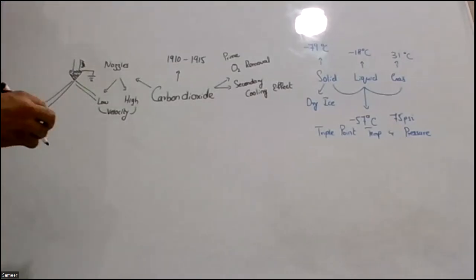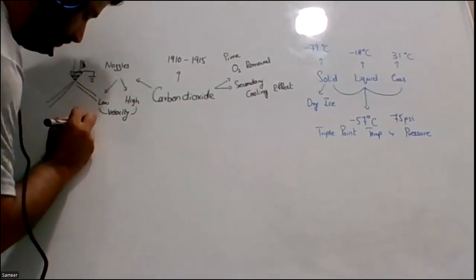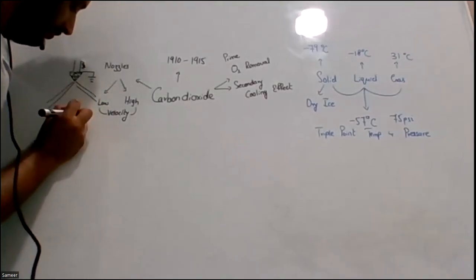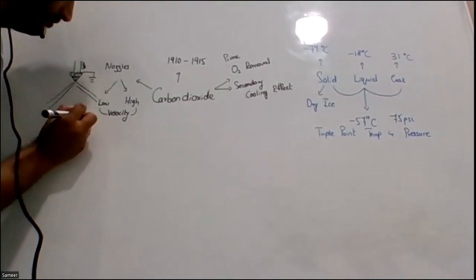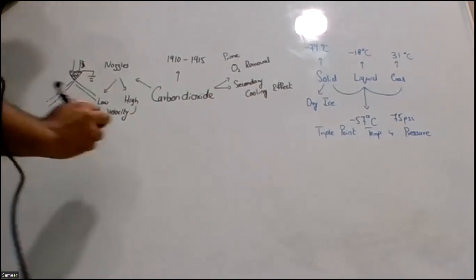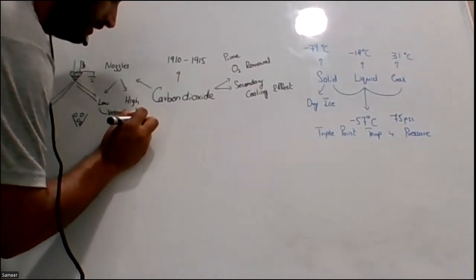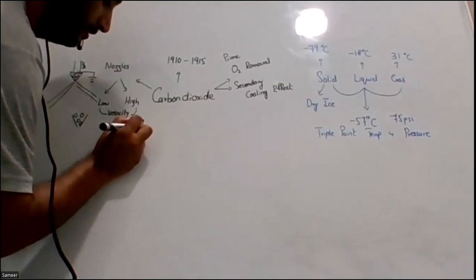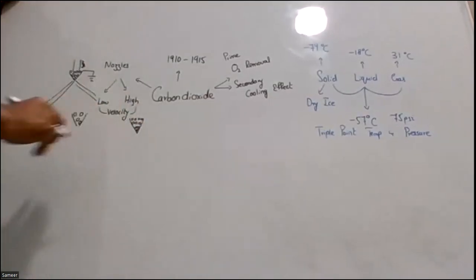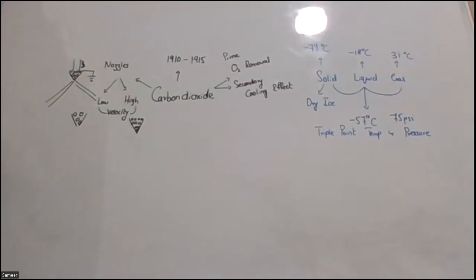When I'm talking about low velocity nozzles, the nozzles will have a much larger orifice. When I'm talking about high velocity nozzles, usually the nozzles will have smaller orifices, meaning the discharge point is going to be very small. So I use high velocity nozzles where I want the carbon dioxide to be delivered farther in an area.